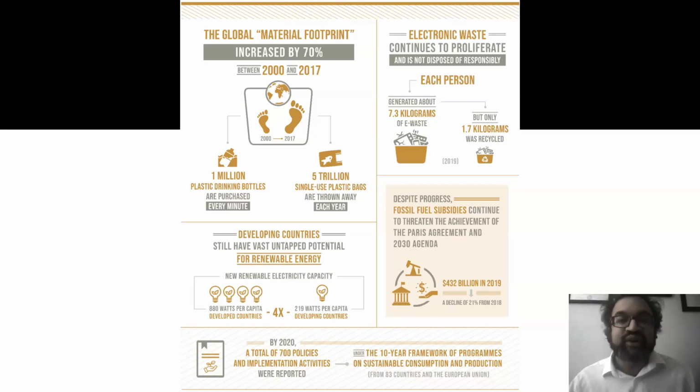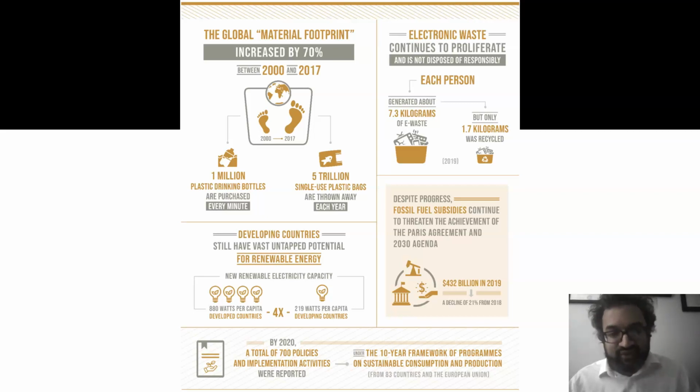Despite progress, fossil fuel subsidies continue to threaten the achievement of the Paris Agreement and the 2030 agenda. $432 billion in 2019 was spent towards subsidies, and that's a decline of 21% from 2018.